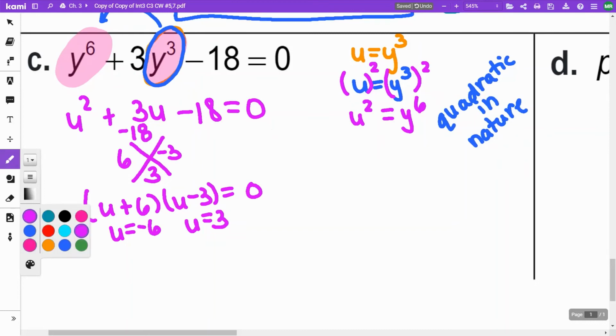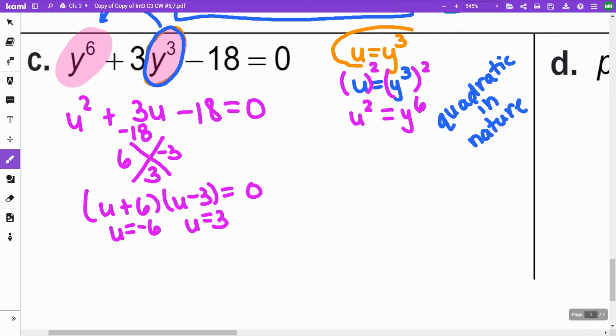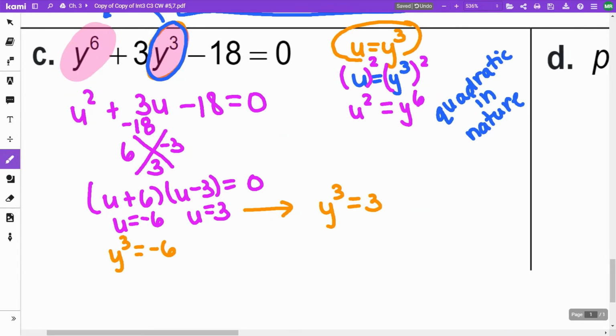We did not. Remember, u was the same as y to the third. So this is going to be y to the third is equal to negative 6. And let me just move this over here. y to the third is equal to 3. So how do we solve those? Well, to solve those, you cube root.